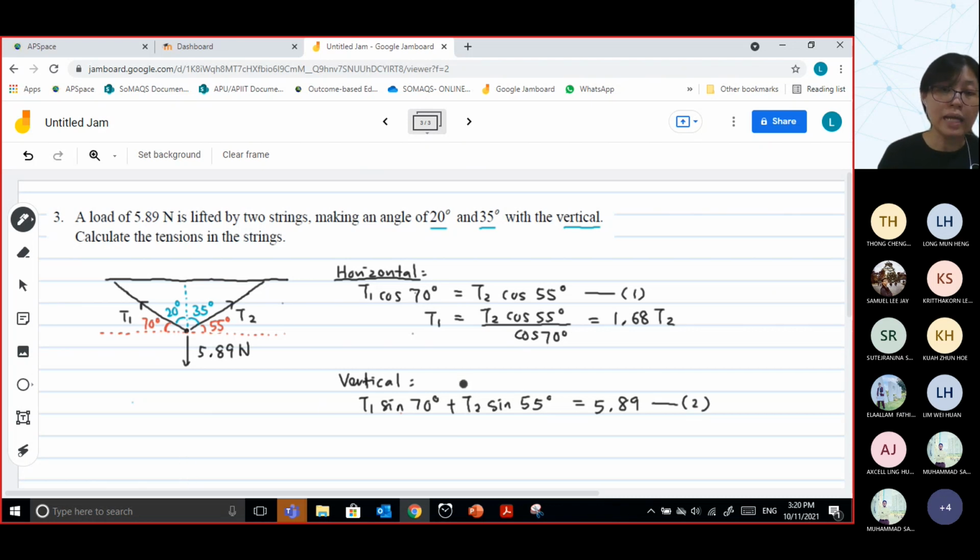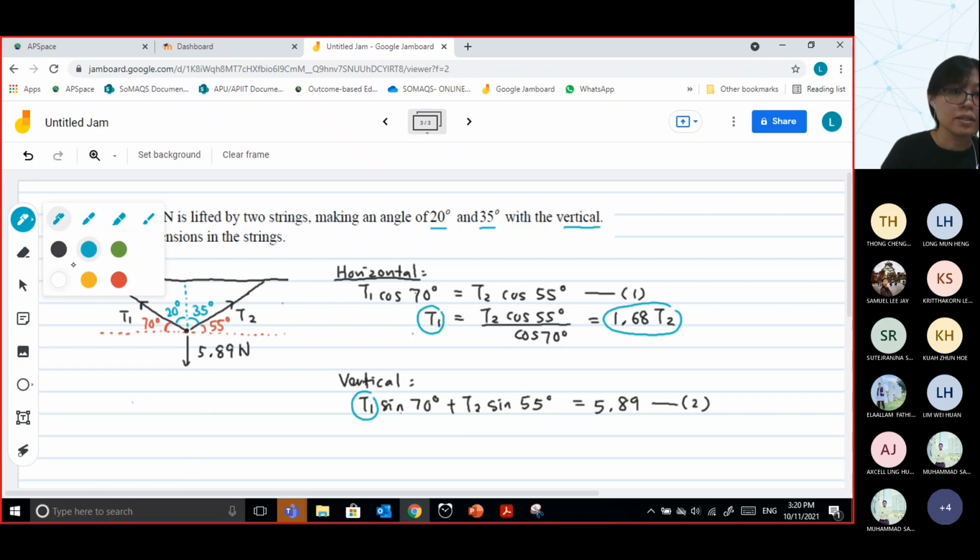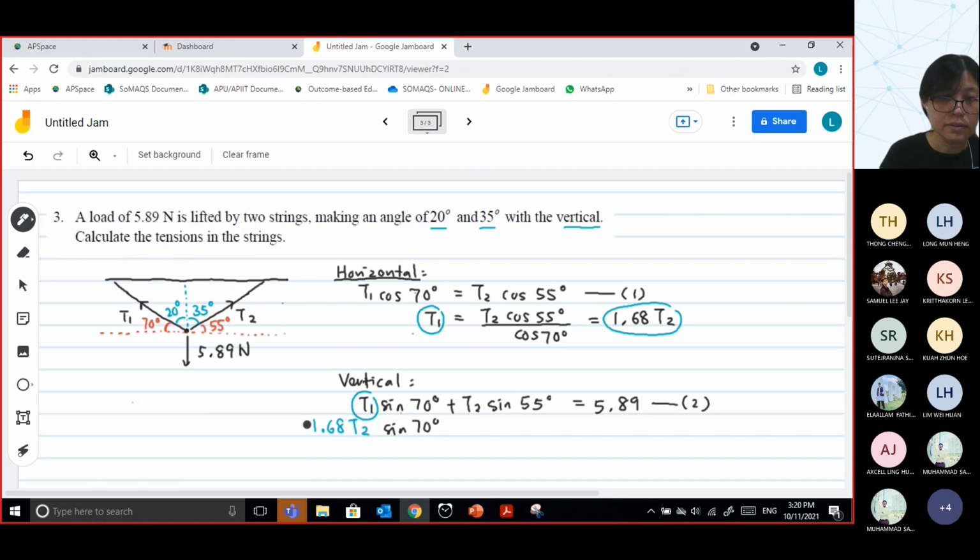Now for the T1 that you obtain here, you substitute here, which is 1.68 T2 multiply the sine 70 plus T2 sine 55, then equals to 5.89.